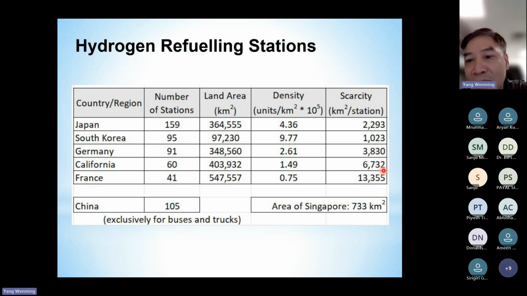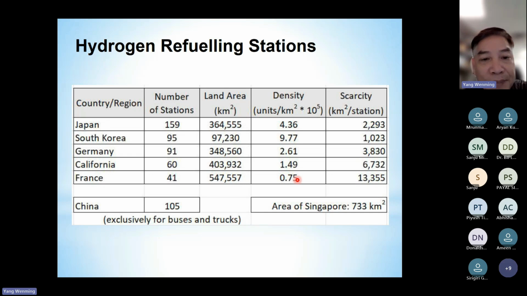California is even less dense, because there are only 16 charging stations, and the land area is 403,000 square kilometers. So the density is only 1.49, and each station should cover 6,700 square kilometers. And in France, it's even less dense.